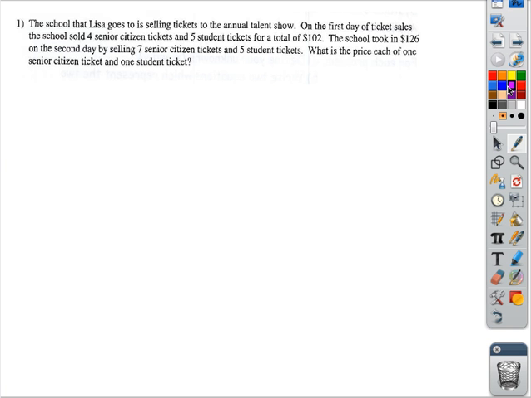So how could I write that? How could I write my lets? Let and let. So you have to decide variables. You could say X and Y because we like X and Y. We work with them a lot. Or you could say senior citizen and student both start with S. So maybe you just want X and Y. Let X equal, now in this case, is it the number of senior citizen tickets or is it the price?